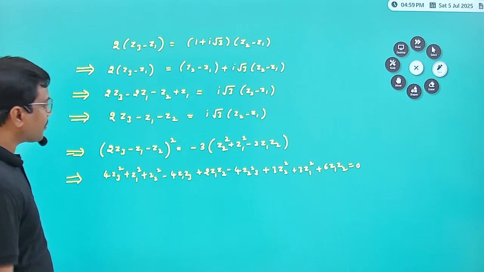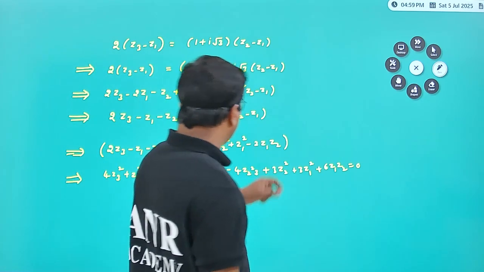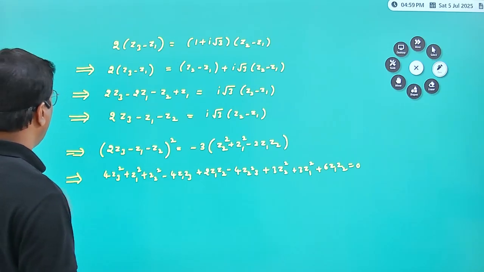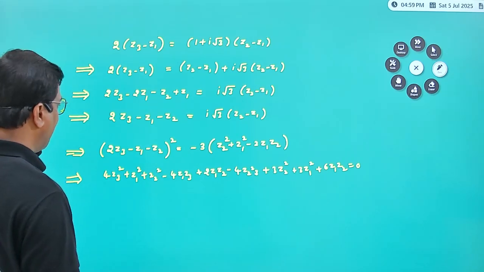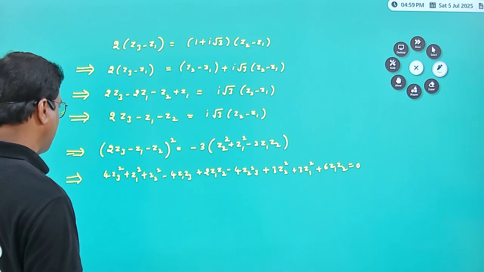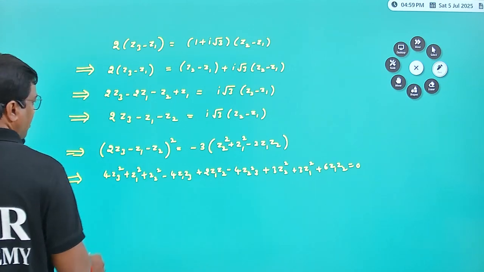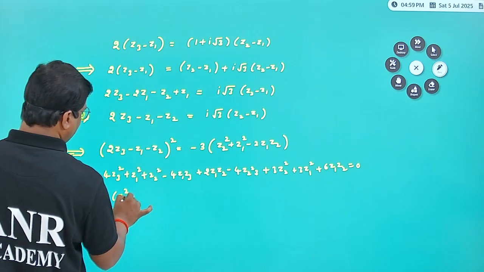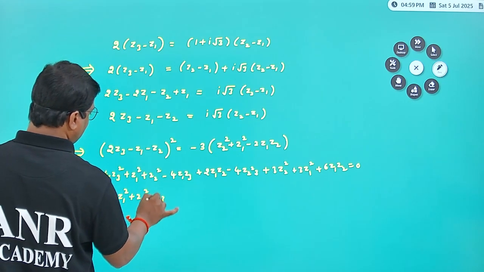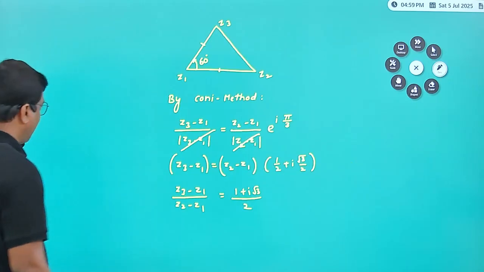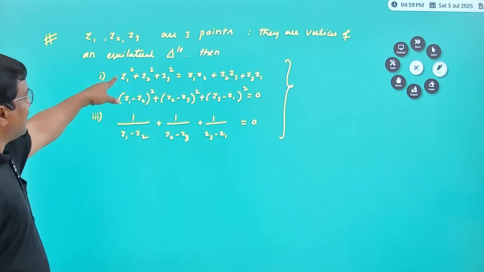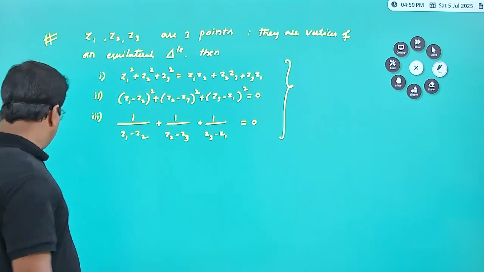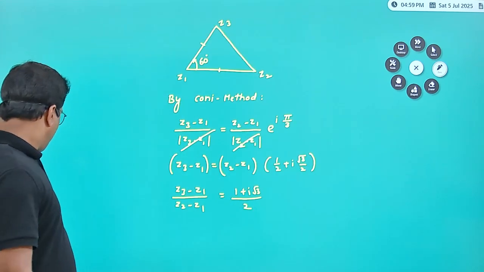Now if you simplify this, what we get, observe, Z1 square plus Z2 square, there are 4 times Z1 square plus Z2 square plus Z3 square. Actually we need to prove this result. Left hand side you have sum of squares of Z1 Z2 Z3, you got 4 times.